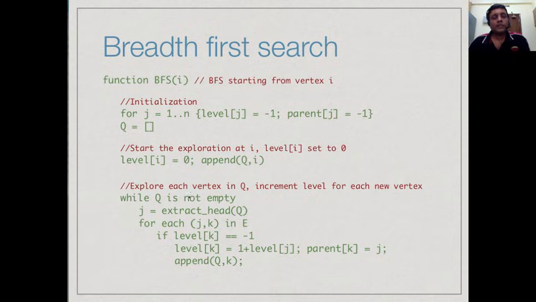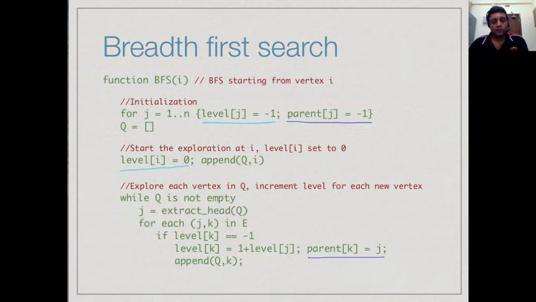So this can also be easily added to our code along with the parent code. Last time we added this assignment for the parent. Now we also add the assignment for level. Initially the level of each vertex is undefined, so it is some nonsensical value like -1. Then we say that the level of the start vertex is 0. Whenever we visit a new vertex, if it is visited, then it must have a level.